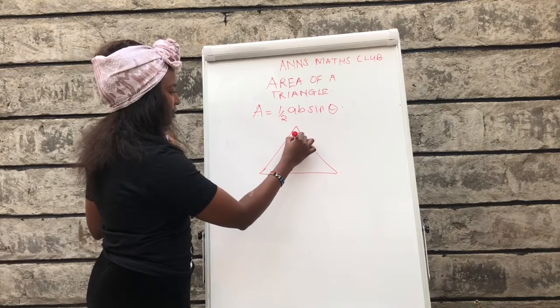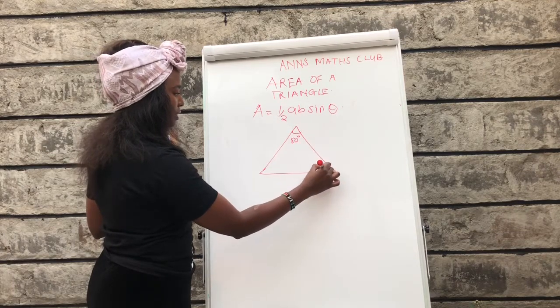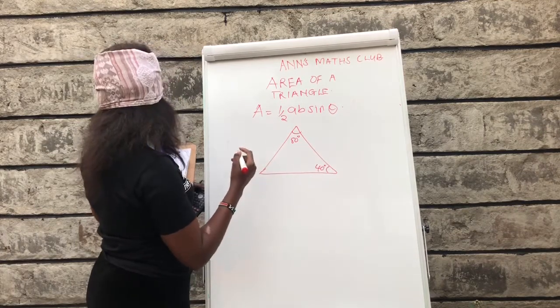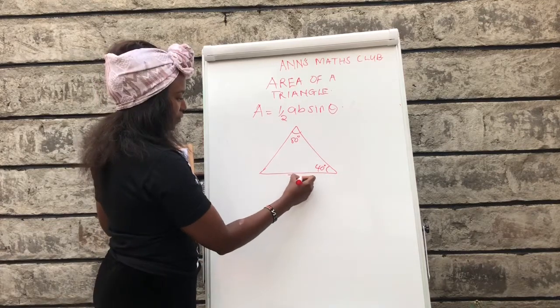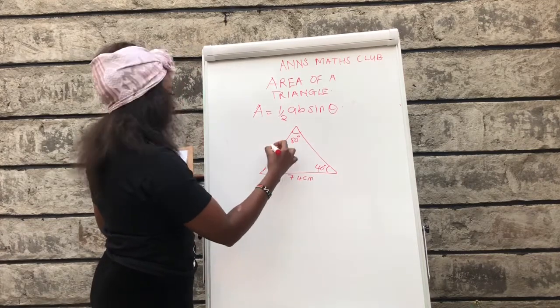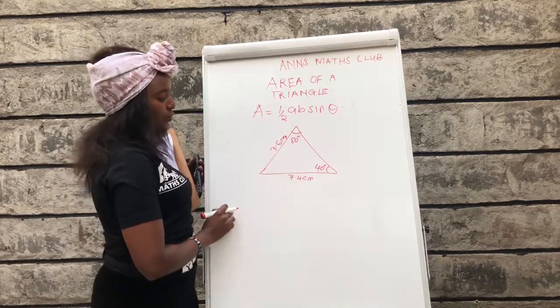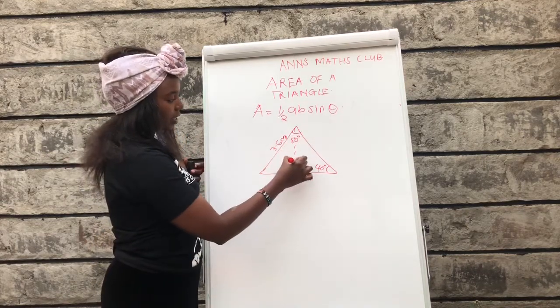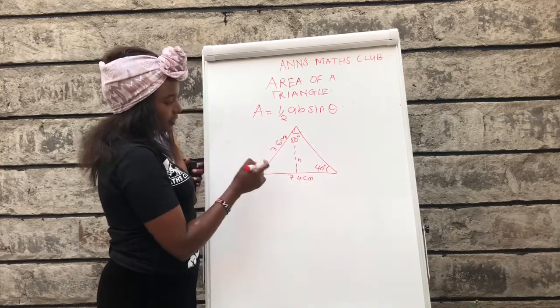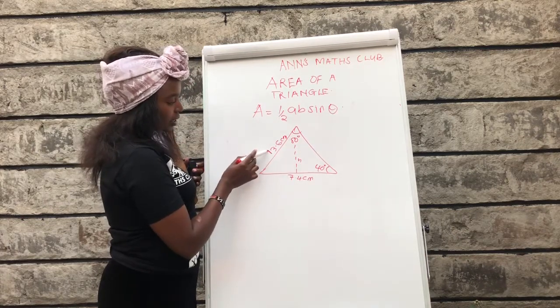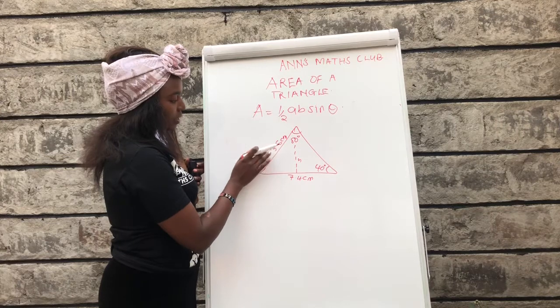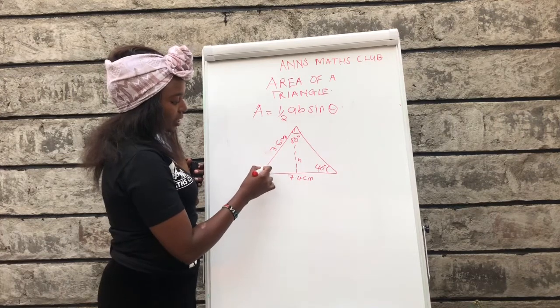This is 80 degrees, 40 and 7.4 centimeters and 3.6 centimeters. So basically what you need to do here, again, we need to find this height. And since we are using the 3.6 from this side, we need to find this angle.